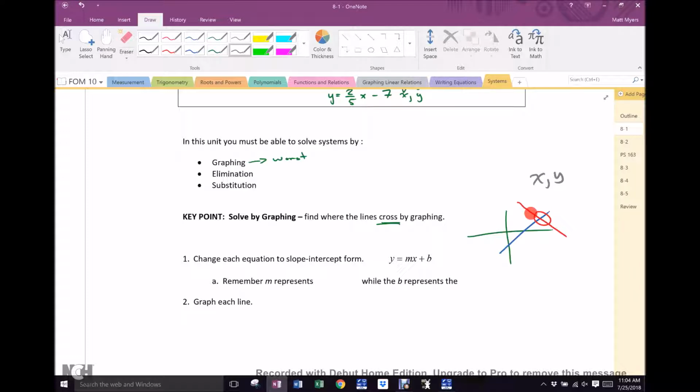So, the easiest way to graph from looking at something is to put it into slope-intercept form, correct? Remembering that m represents slope, b represents the y-intercept.